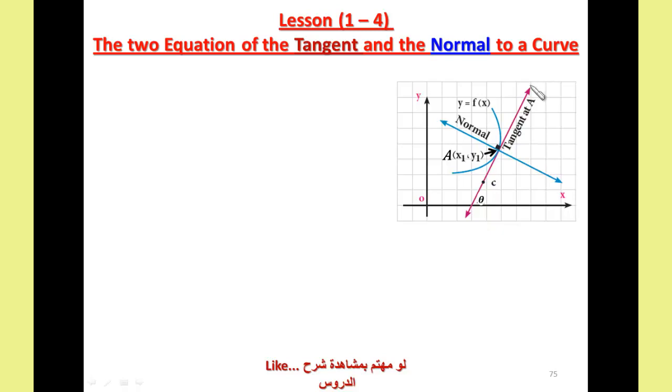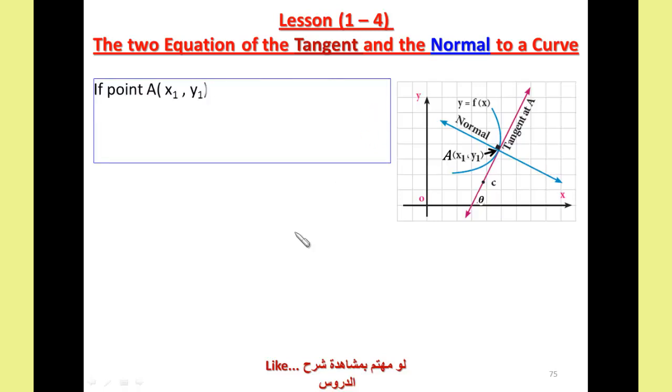Also we can find the slope of the tangent, it equals tan theta, such that theta is the inclination angle of the tangent to the positive direction of the x-axis. Okay, let us start and do it, and we write all the rules.